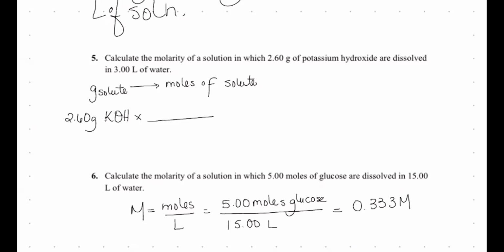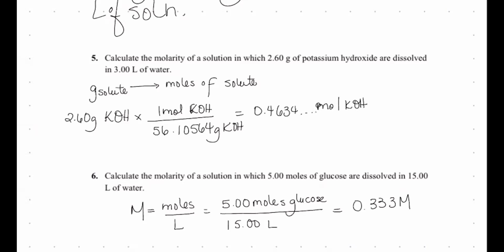So the mass here is going to be 56.10564 grams of KOH, 1 mole of KOH. So when we take 2.60 divided by the 56.10564, we get that the moles are 0.4634, and I'm going to put the 3 dotted lines just because of the calculator display.